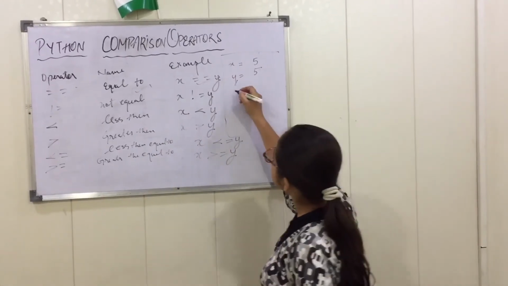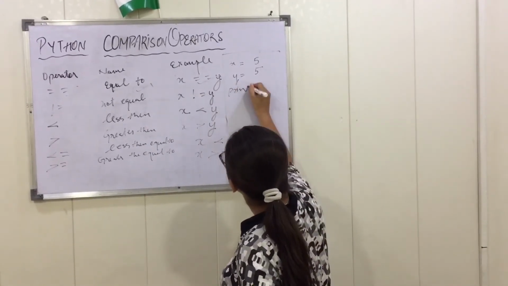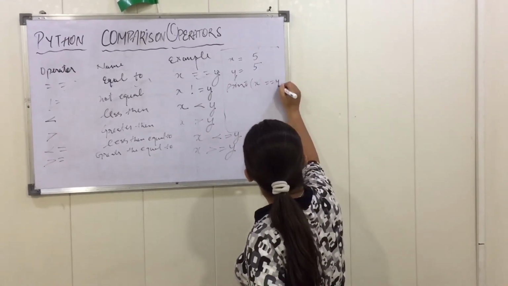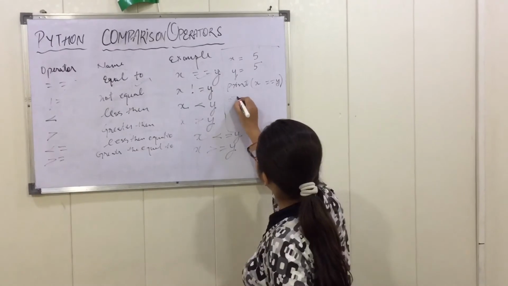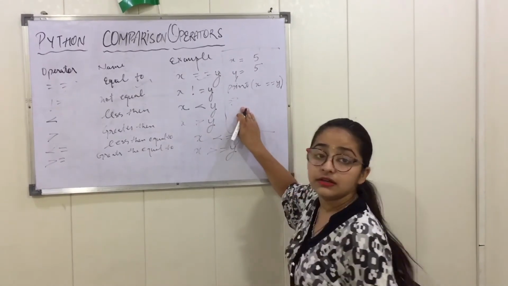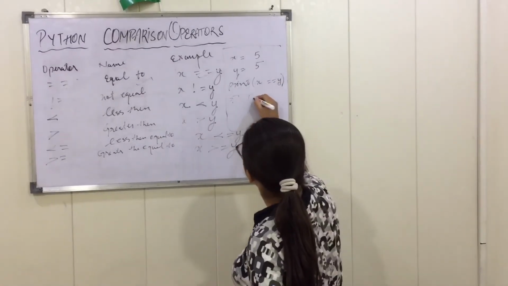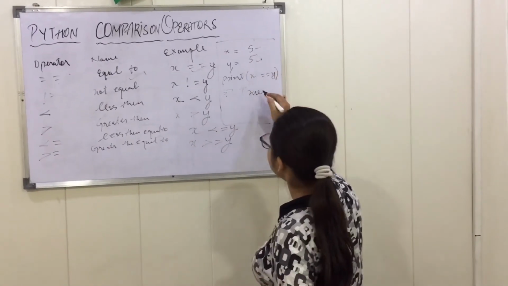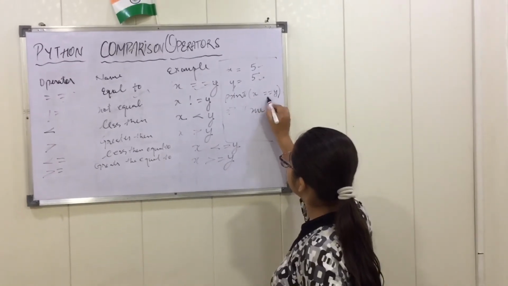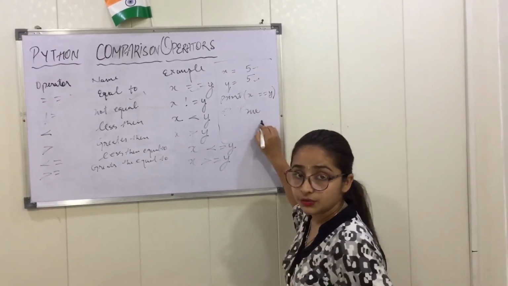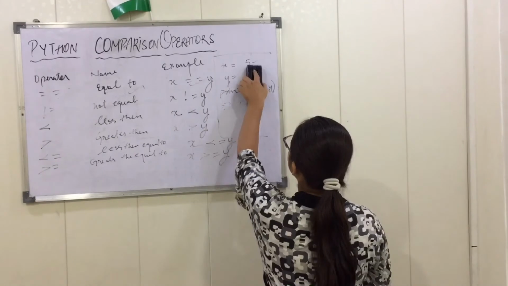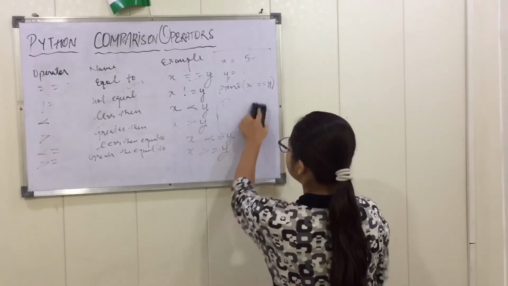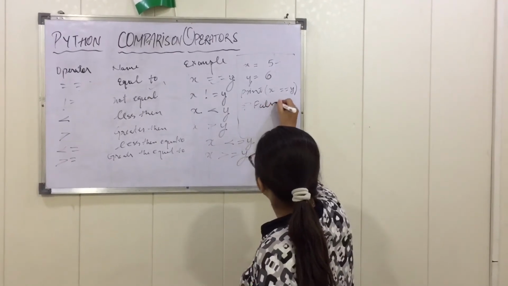Now we'll use a print function to ask if x is equal to y, and the result will be true, because 5 and 5 are the same. If we write 6 instead, they are not equal, so the answer is false.